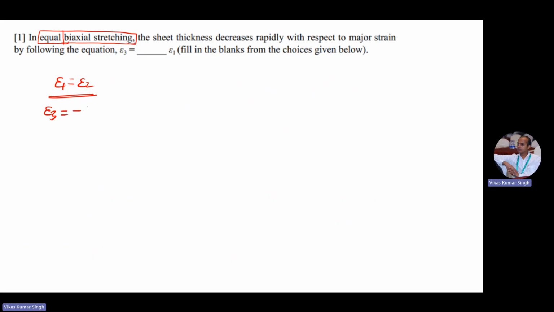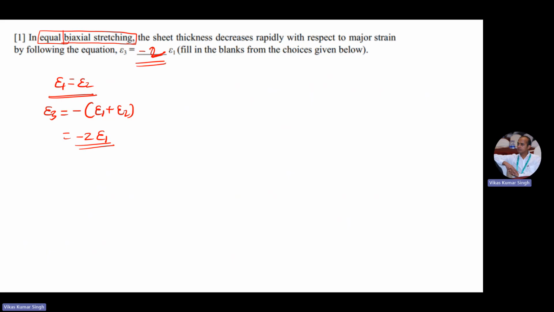Epsilon 3 will be minus of epsilon 1 plus epsilon 2. Now if we put this value, this will give minus of 2 into epsilon 1, or you can write epsilon 2, whatever. So here minus 2 will come.